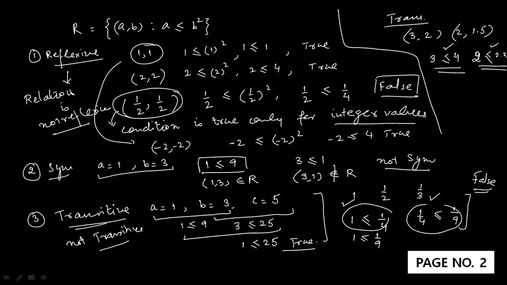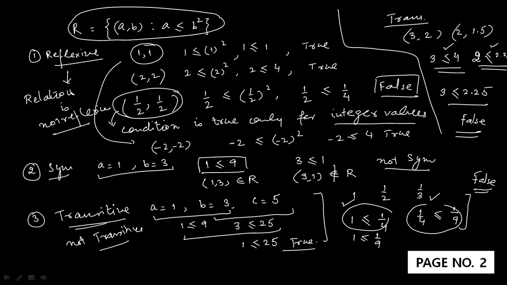But what about the combination? 3 less than equal to 2.25. This one is false. Basically, this statement is neither reflexive nor symmetric nor transitive.